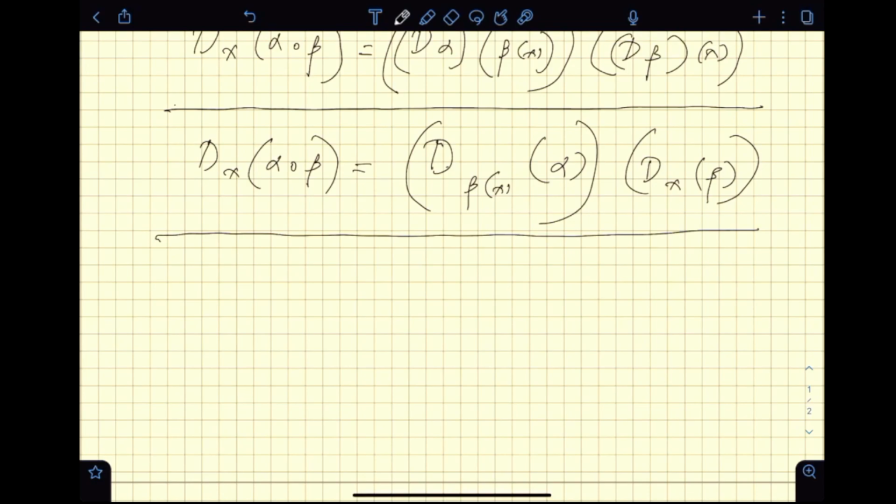Is S in a single connected piece? This is a much more tricky question because it is asking that if you have any 2 points on whatever this is, it's actually a P minus 1 fold, can you join these 2 points with a curve lying entirely on the P minus 1 fold?